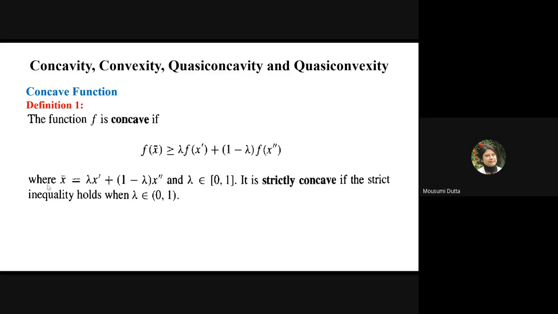Now the first part you almost did in your first semester: what is the meaning of concavity, convexity, quasi-concavity, quasi-convexity, etc. This part I'll send you and check the definitions. I think you will understand everything. If anyone has any question, I'll clarify the matter in the next class.